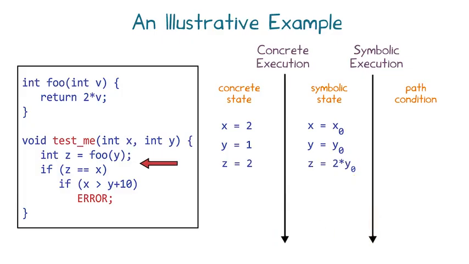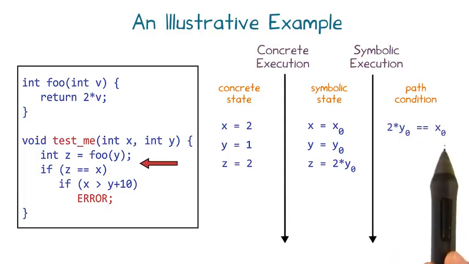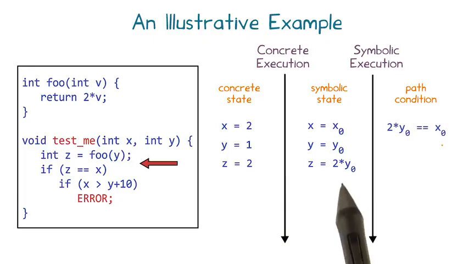At the next line, we inspect the branch condition z equals x. In this case, the condition is true. So, our path condition becomes 2 times y0 equals x0, substituting the symbolic values for z and x into the branch condition. We then inspect the next line of the true branch of this condition.